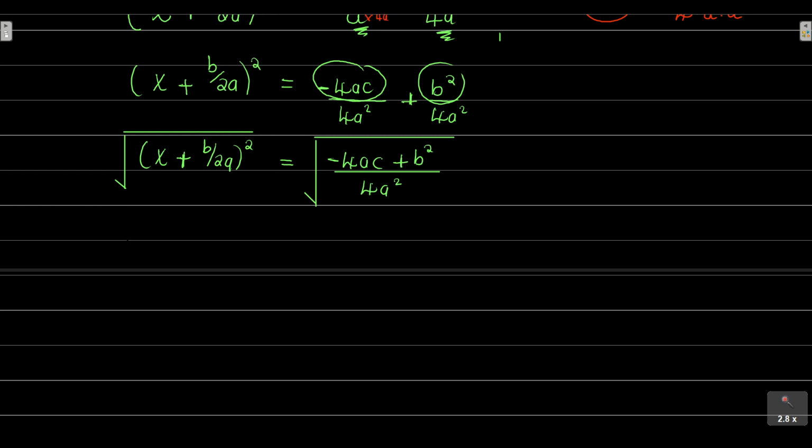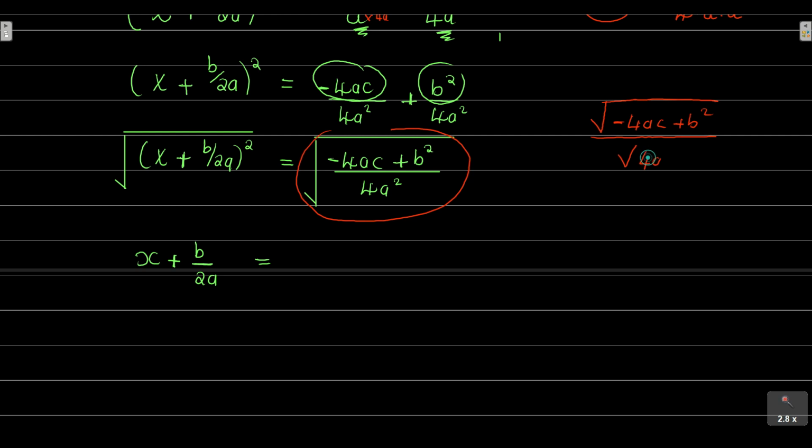On your left-hand side, you will just have x plus b over 2a is equal to, do you guys agree that we can write the right-hand side as the square root of negative 4ac plus b squared all over 4a squared. You can also write that as the square root of negative 4ac plus b squared all over the square root of 4a squared.